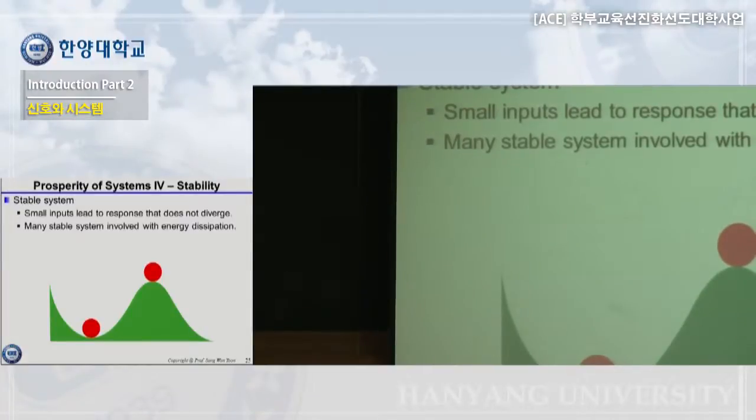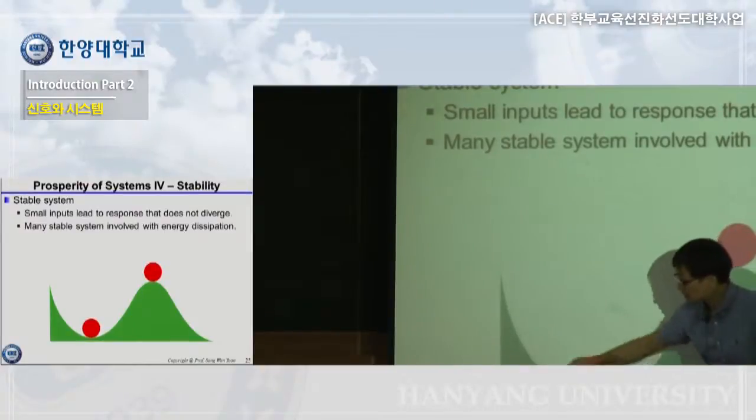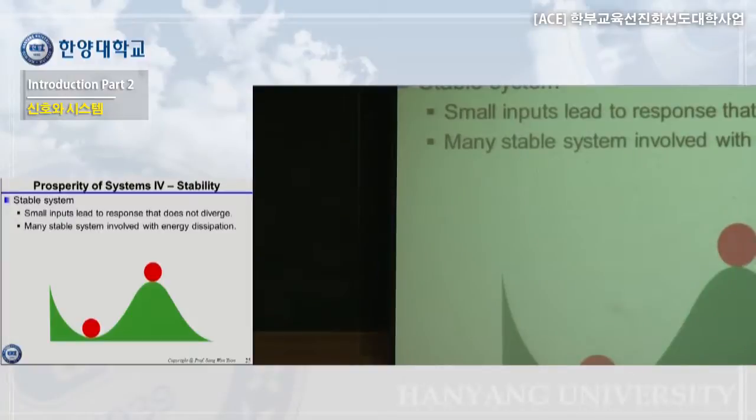That's an unstable system. In this one, if you apply a small force, they may rotate a little bit, but always go back to their neutral position. So that's a stable system. That means if you give a small input, that does not lead to diverging of the output. Diverging means they do not go back to their original position.